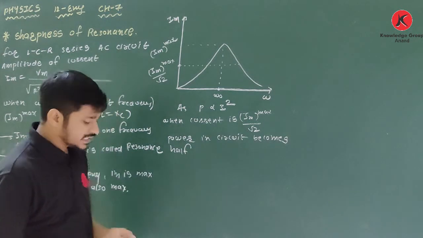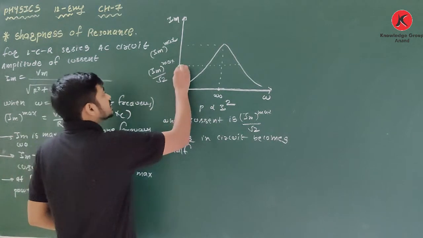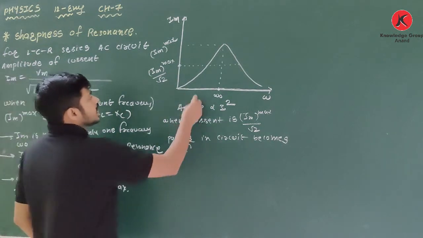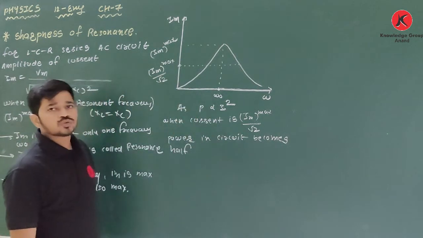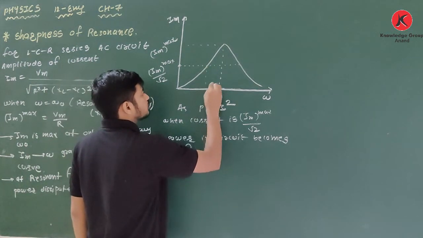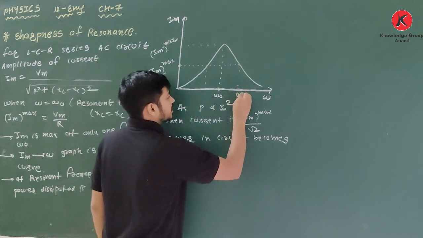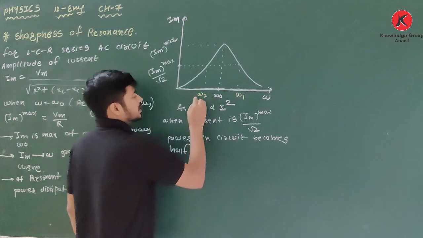When the current is Im maximum upon root 2, this is possible for two different values of omega, that is omega 1 and omega 2.